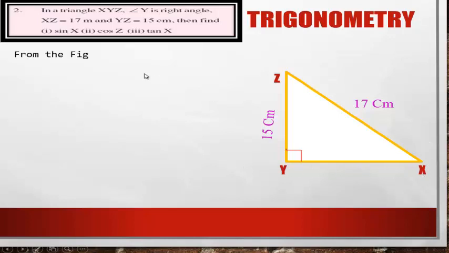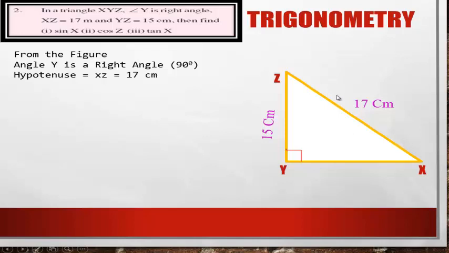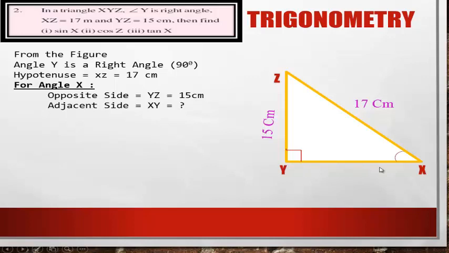From that figure, angle Y is the right angle. Hypotenuse XZ is 17 centimeters. For angle X, the opposite side is YZ, that is 15 centimeters, and the adjacent side is XY, which is not given. From Pythagoras theorem, XY square plus YZ square equals XZ square.